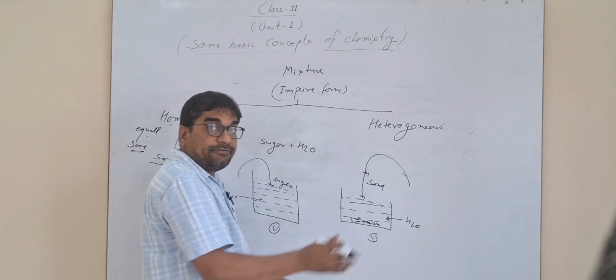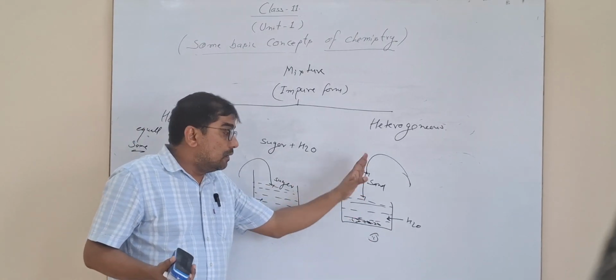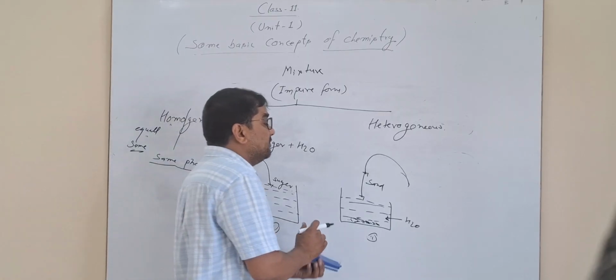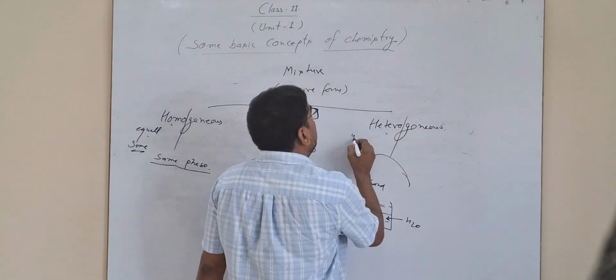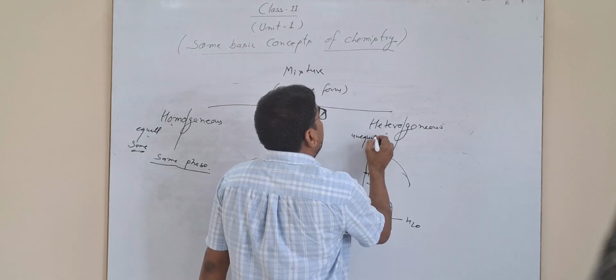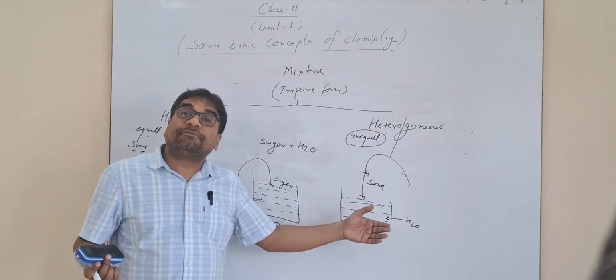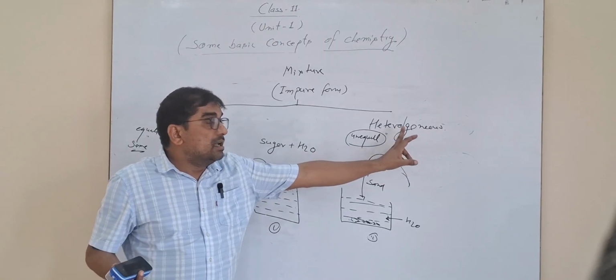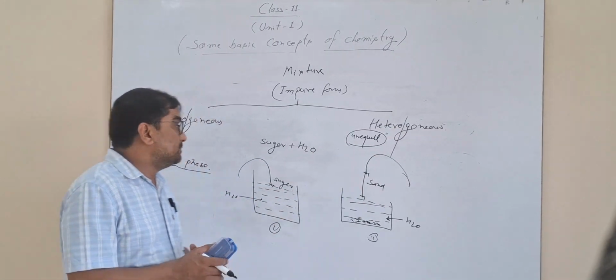Since the phases are different and we can see them clearly, it's called hetero, unequal. When all the components exist in different phases, it's called heterogeneous, like sand mixed in water.